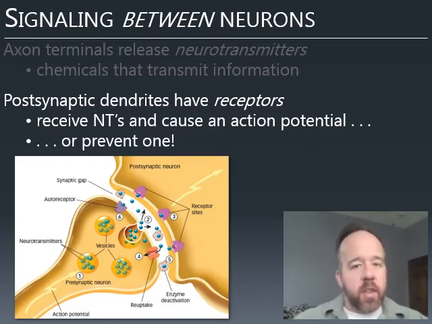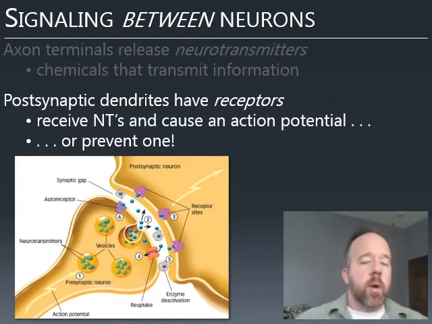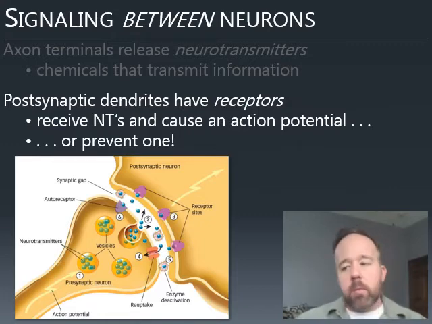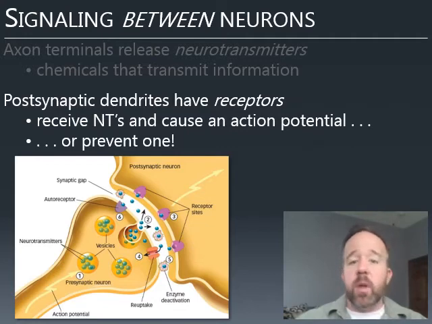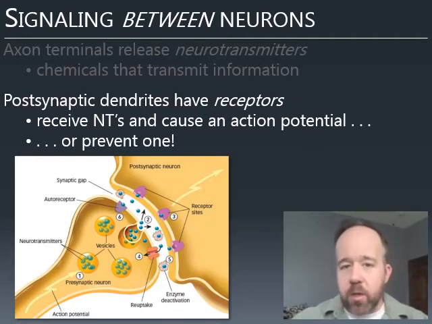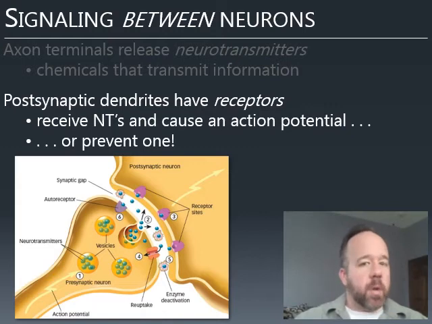And that's one of the interesting things about chemical signaling between neurons: based on the combination of neurotransmitter and receptor, when the presynaptic neuron fires an action potential, neurotransmitter is released, and that event can cause an action potential in the postsynaptic neuron to be more likely, we call excitatory, it excites the neuron, or less likely, inhibitory, it inhibits the neuron, it keeps it from firing. Either one's possible, and we'll talk more about that here in a minute.